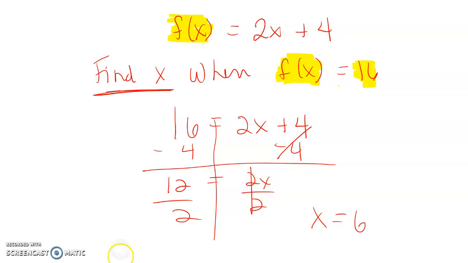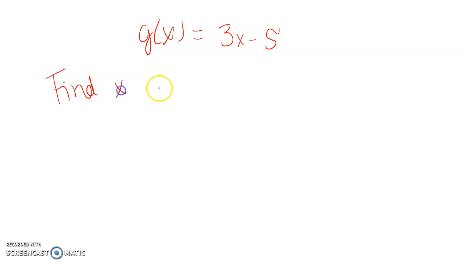Okay, let's do another one. g of x equals 3x minus 5. Find x when g of x equals 16. Again, it doesn't say input.